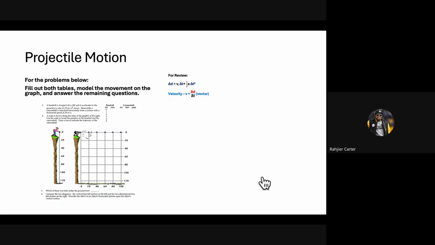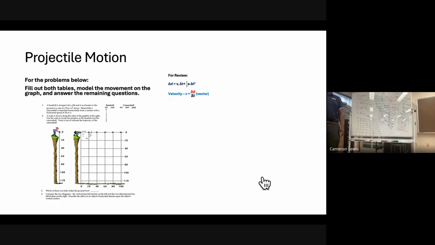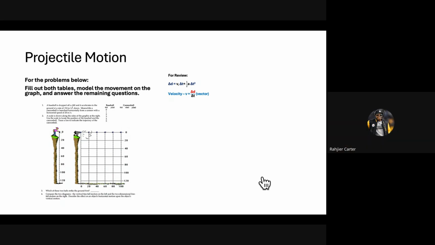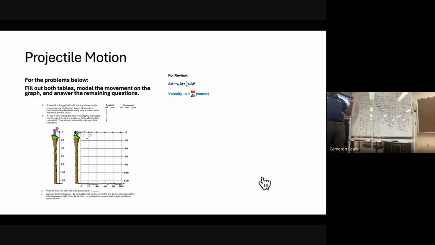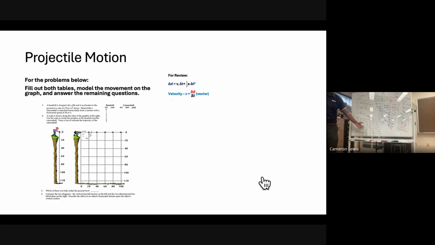I was looking at these lines. Does my horizontal motion affect my vertical motion? No. Thank you. The answer is no.